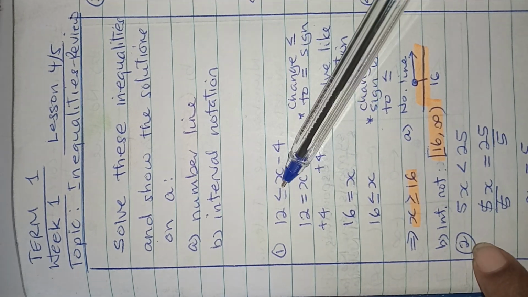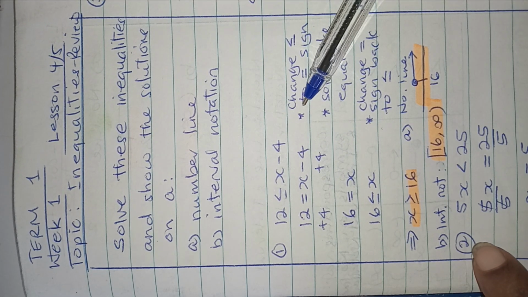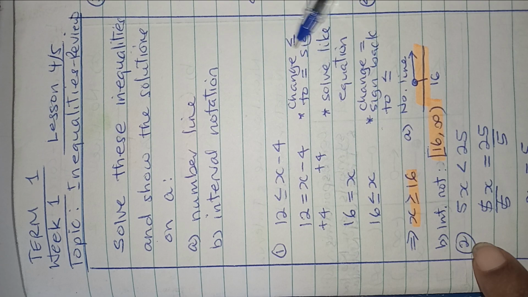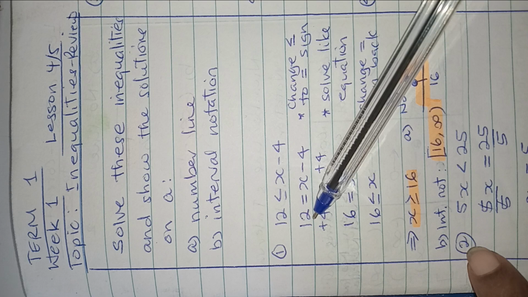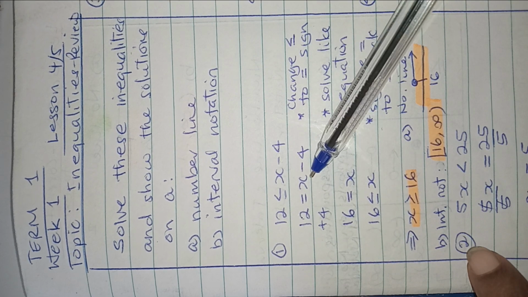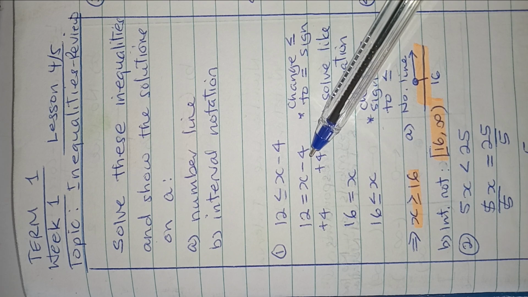We have 12 is less than or equal to x minus 4. And the first step is to change the inequality sign to an equal sign. And we've done that here. 12 is equal to x minus 4. Now, you might be asking, why do we have to do that?